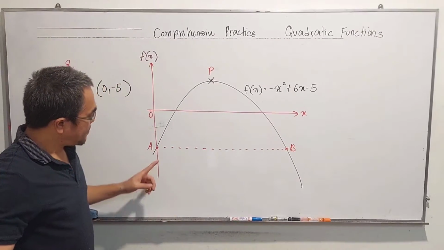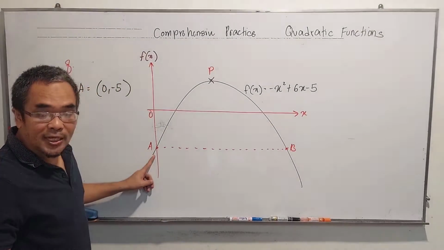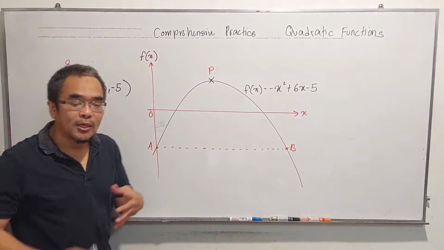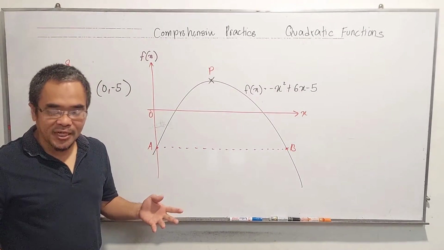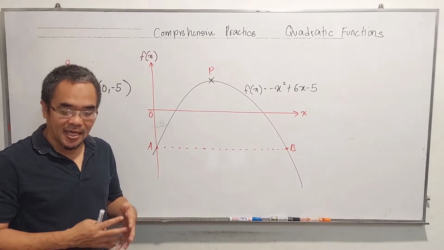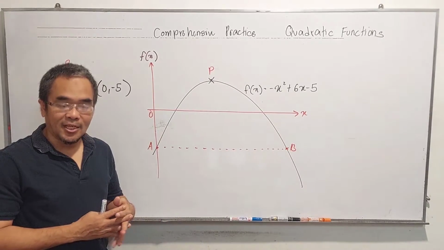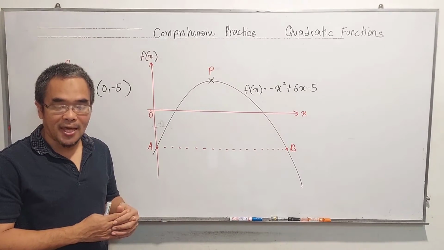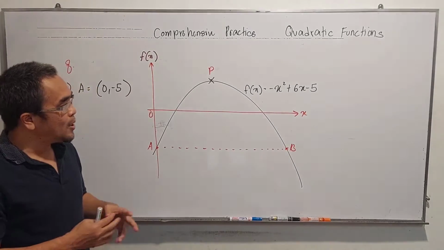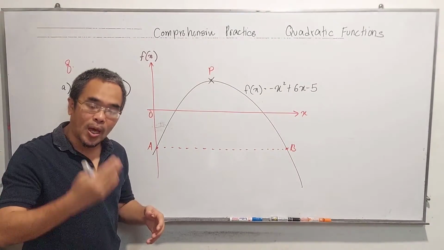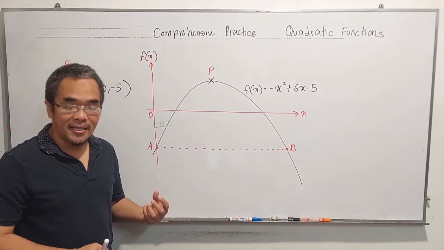In other words, this is actually the value of c. If you remember the equation of a straight line that you covered last year in Form 3, y equals mx plus c, you will notice that c is the y-intercept.